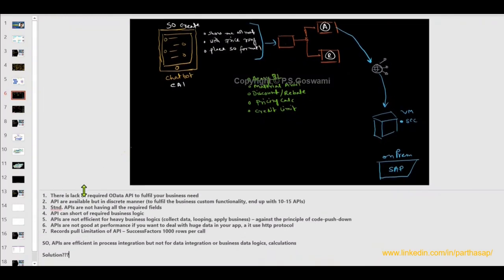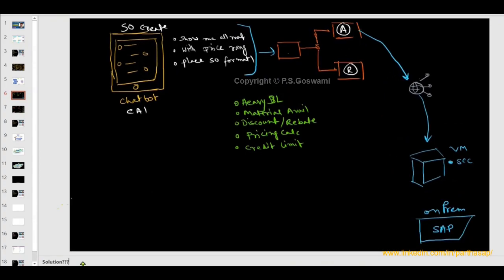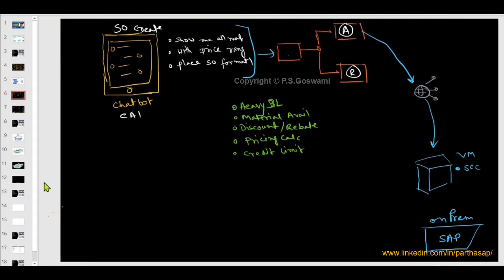The solution is, let me just minimize this. I'll give you this note later. The solution here is HANA Cloud, so you can bring the data near to your application.